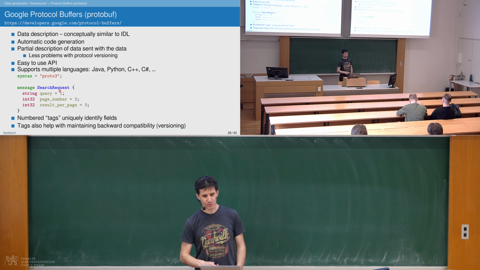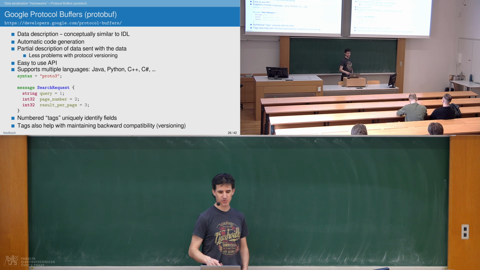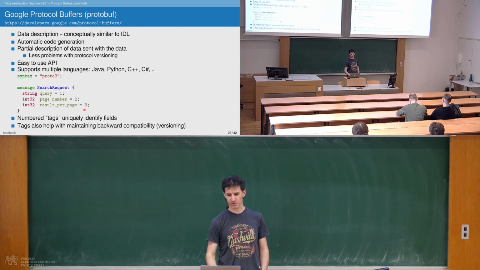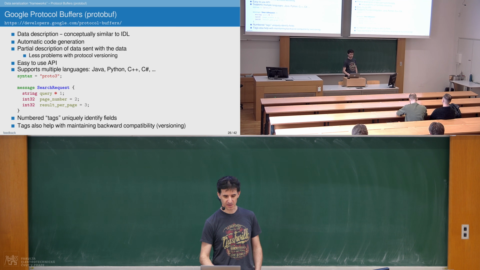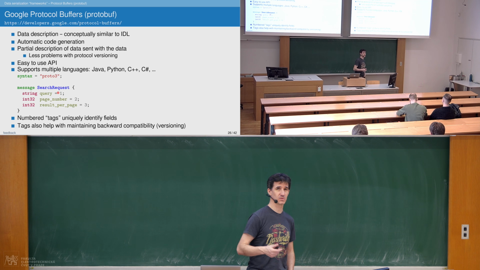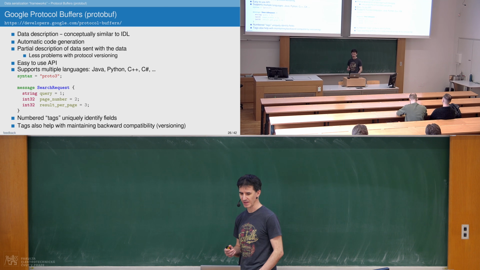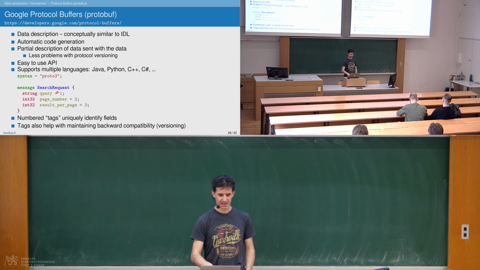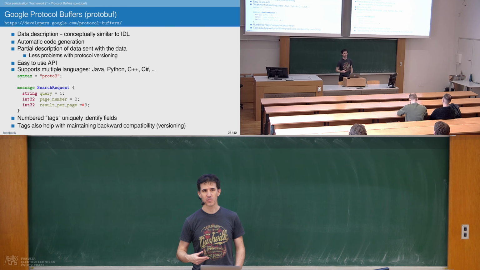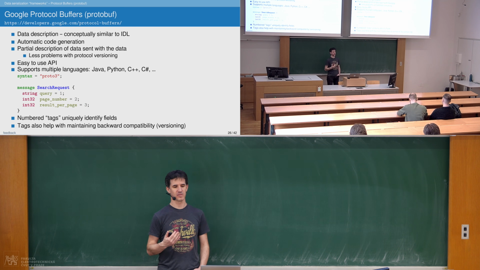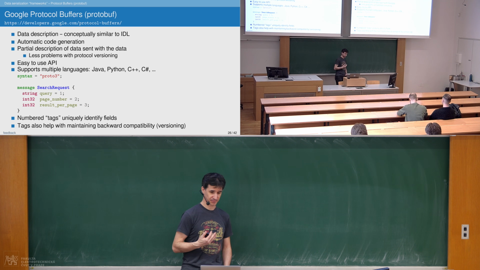Don't confuse those equal signs and numbers for default values. These are not default values. This equal sign is just a special syntax for assigning what's called a tag. Every field has a tag which identifies the field.